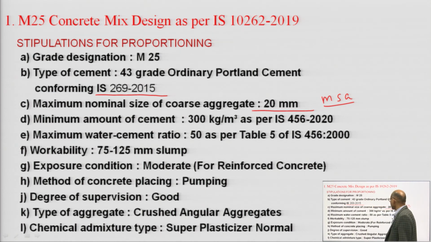We have 5 exposure conditions: mild, moderate, severe, very severe, and extreme. Even for mild and moderate we need 300 kg per meter cube of cement for the durability requirements.